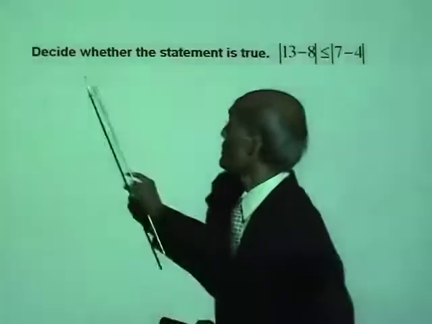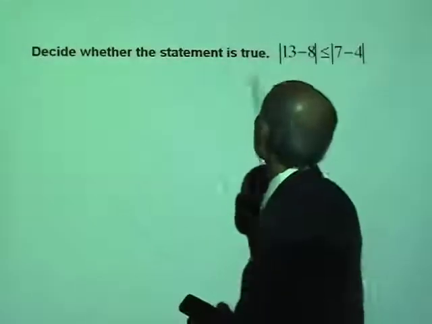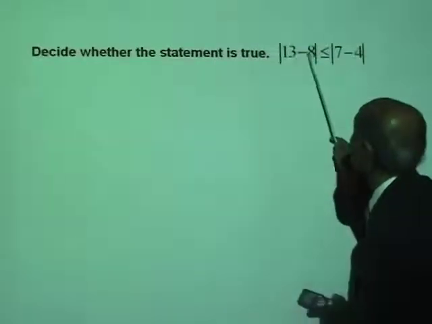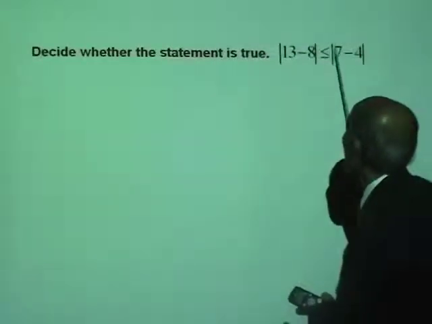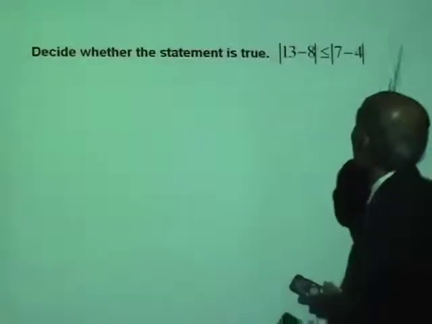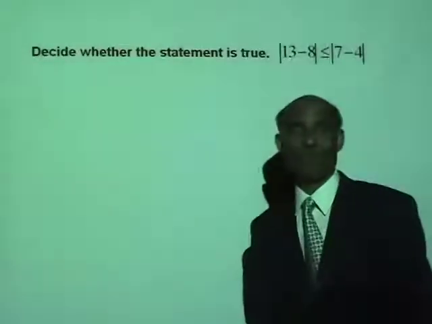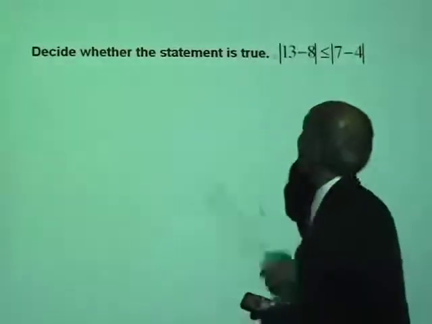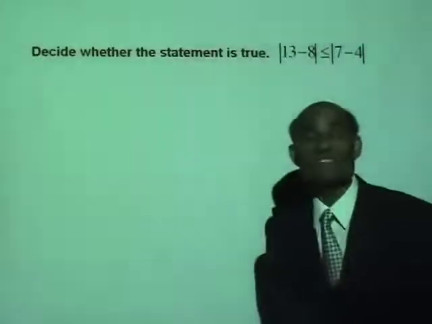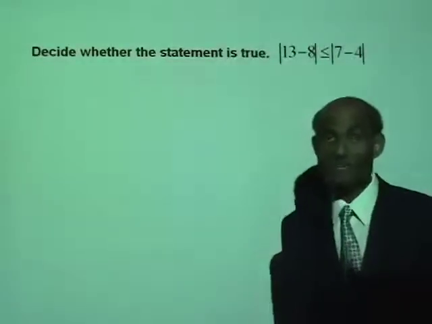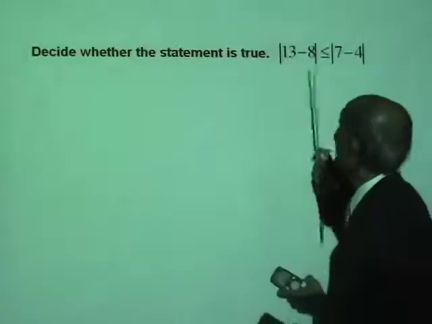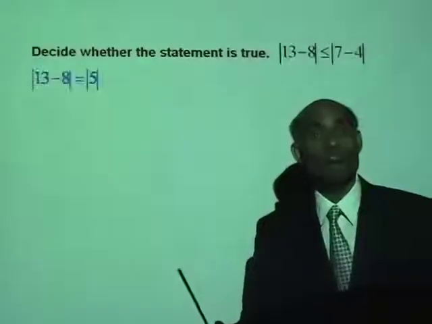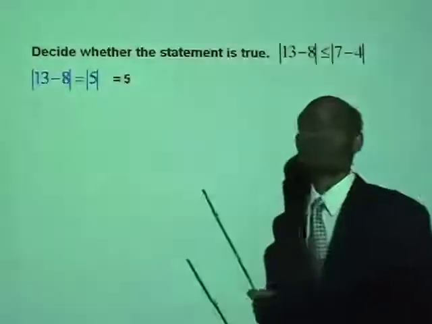Another one. Decide whether the statement is true or false. Absolute value of 13 minus 8 less than or equal to absolute value of 7 minus 4. Okay? First of all, simplify each of these. 13 minus 8 is 5, is that right? And absolute value of 13 minus 8 is therefore absolute value of 5. That will be 5.